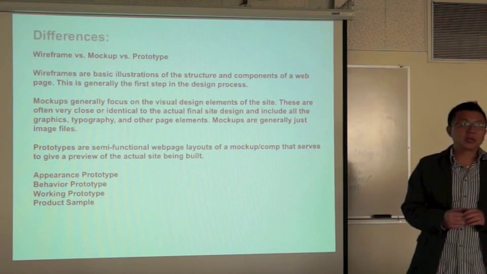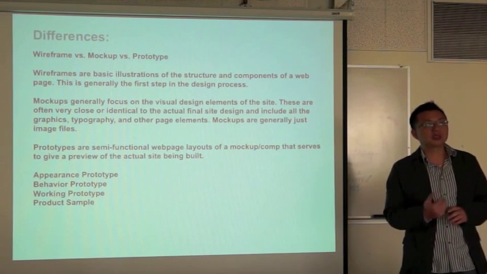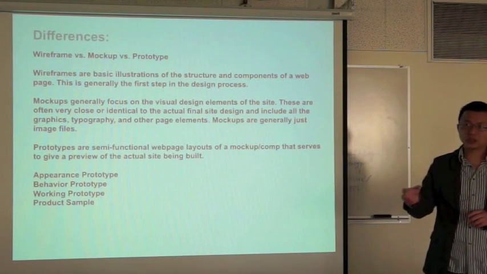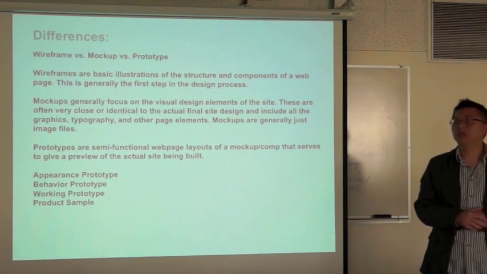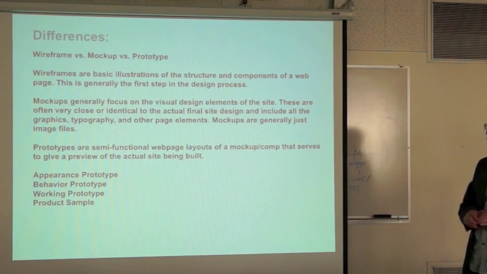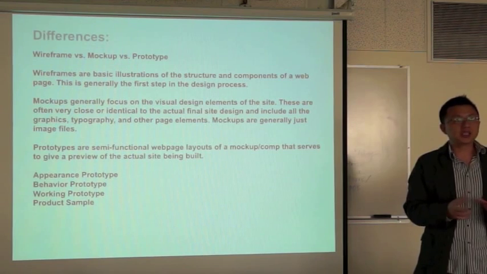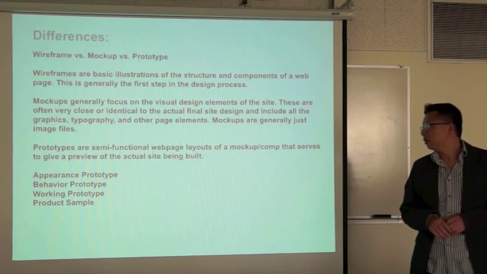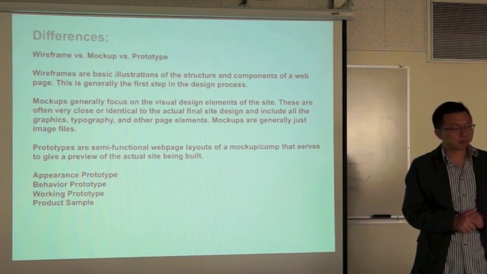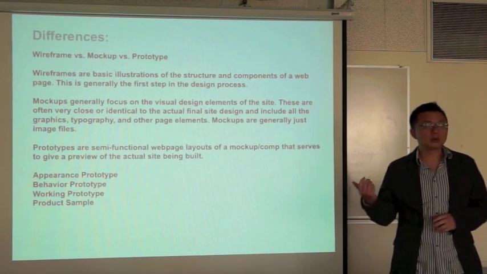Prototypes normally are more like a semi-functional product. So it will have all the links between each page, between each site, and basically a simulation of the features. I used to work in industrial design.